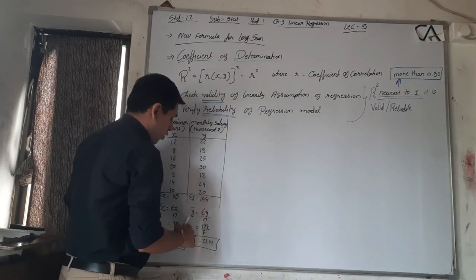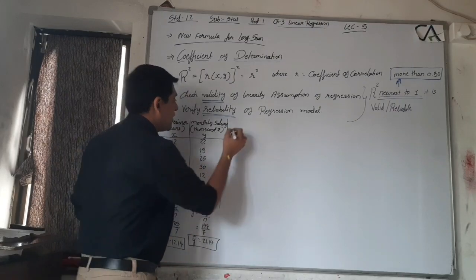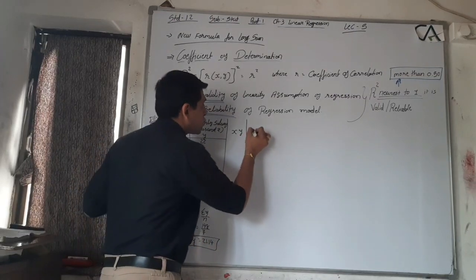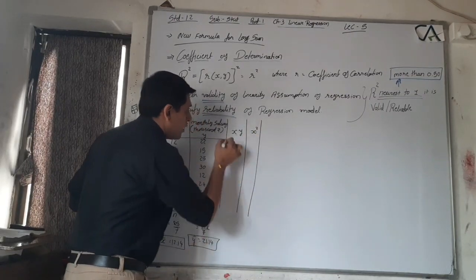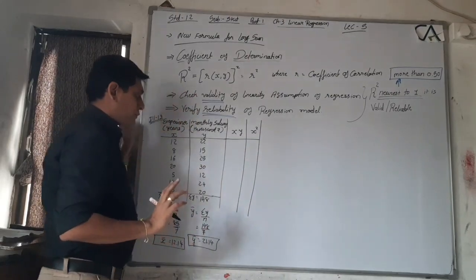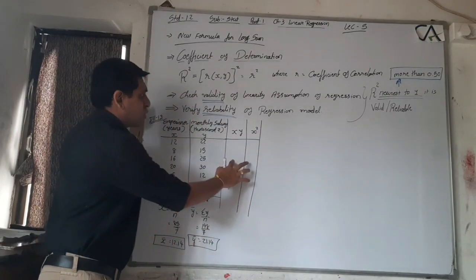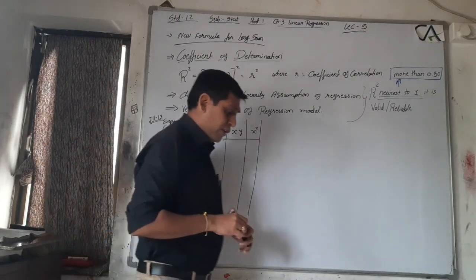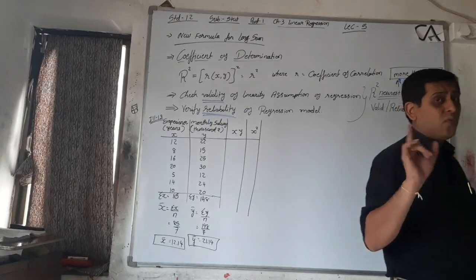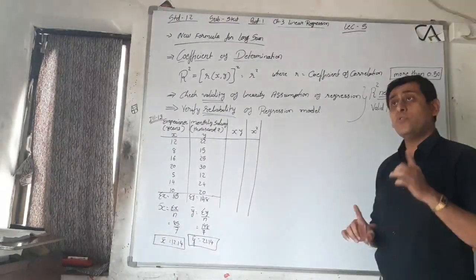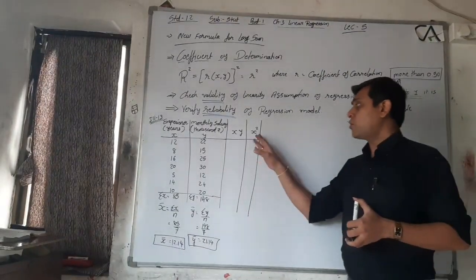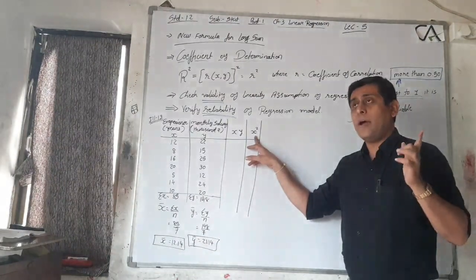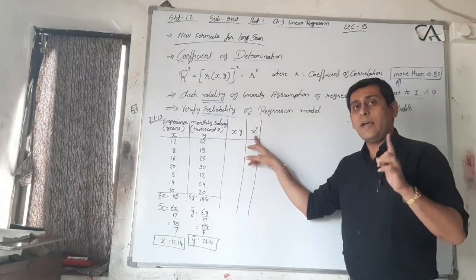So here, x bar, y bar and xy are given. First of all, multiplication of x and y, then x square. See, in this chapter we are doing only two columns, that is xy and x square. Why? Because we have to find the regression line of y on x, that is byx, and in that formula we just use x square, because in the denominator we write sigma x square minus sigma x whole square.